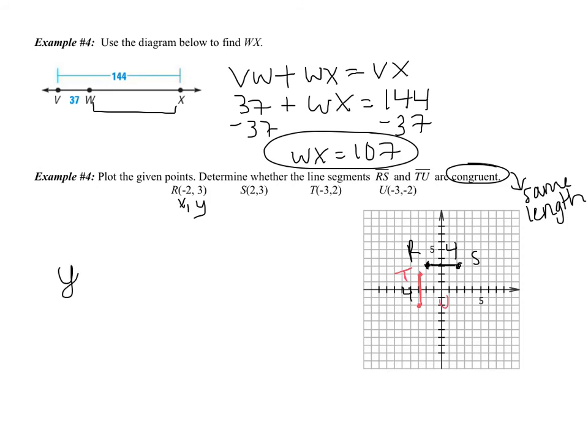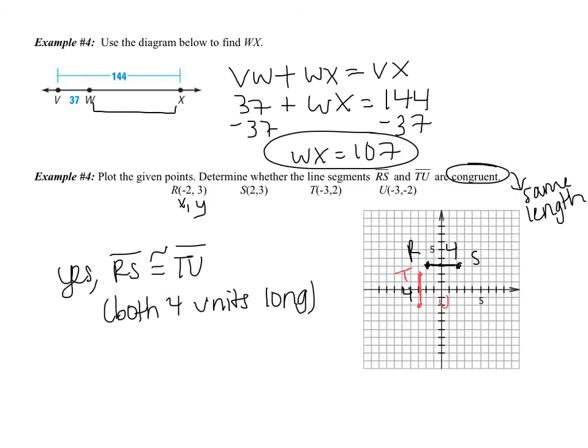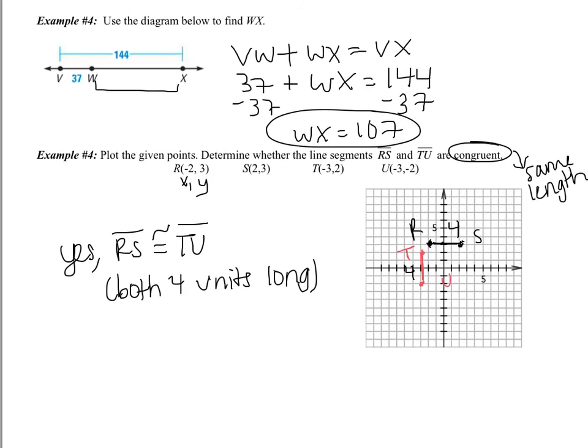So we would say, yes, RS is congruent to TU. And I'm going to write they're both 4 units long. If we had 4 and 5, it would not be congruent. They have to be exactly the same length. Okay, so that was the second example 4.